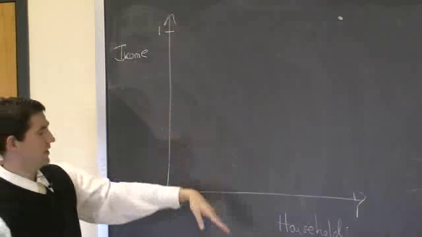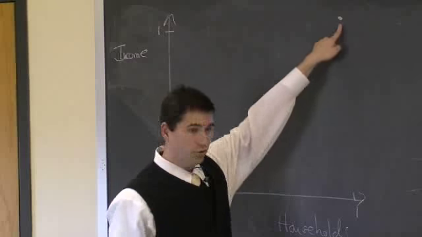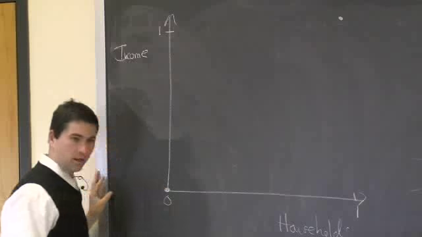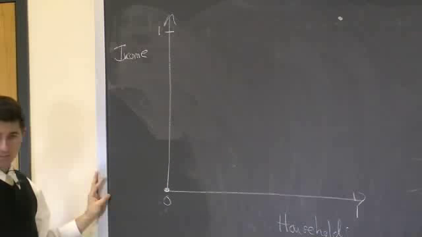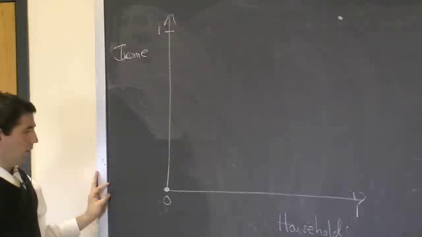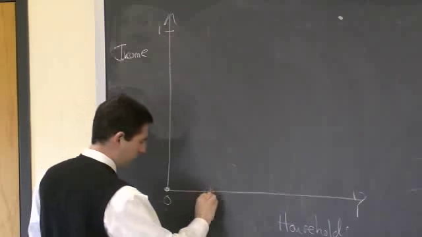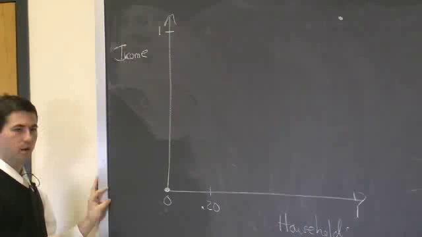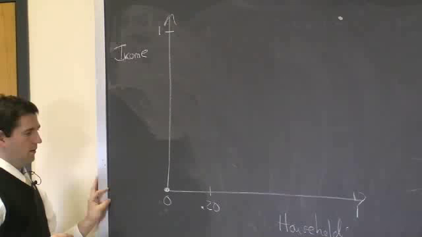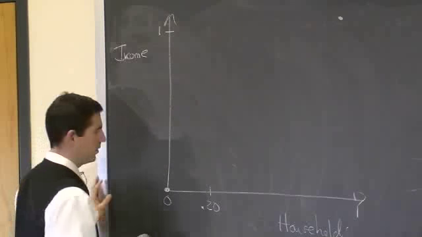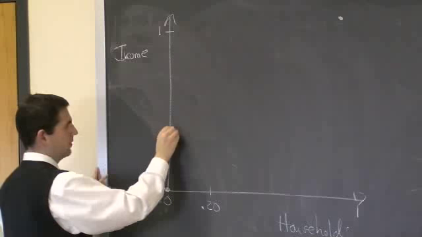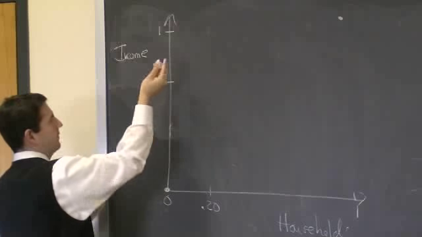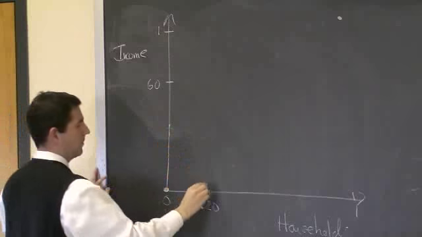On the other hand, if you look at none of the households, there should be no income. And you might say, okay, let's look at just 20%, so this would be 0.2. The top 20% might have, I'll say, 60% of the income.